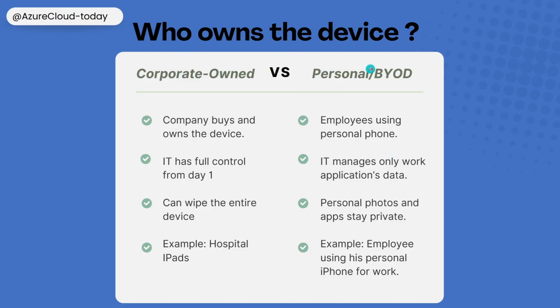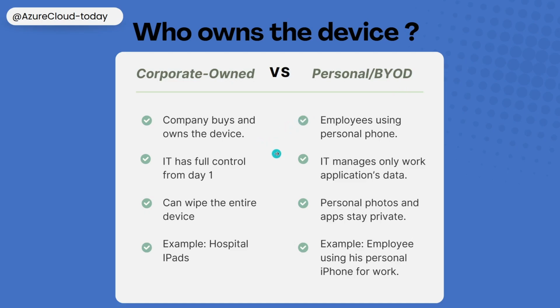Who owns the device? This is the most important question that determines which enrollment method to use. If the company bought the device and handed it to an employee, then it's corporate owned. And if the employee brings in their own personal phone or laptop to work and enrolls it in Intune, then it's BYOD, which stands for Bring Your Own Device.